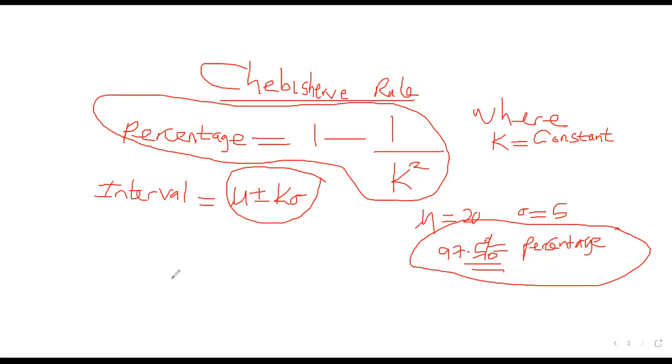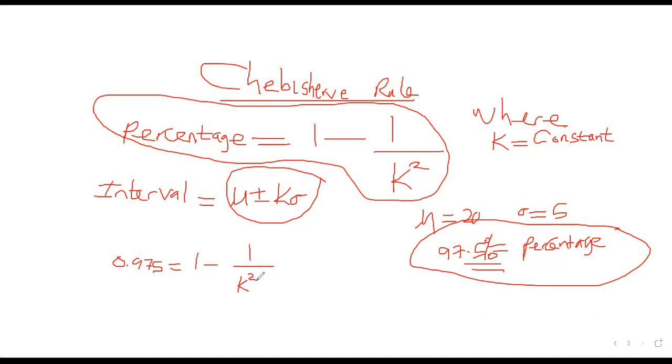So what is 97.5 divided by 100? It gives us 0.975. So 0.975, using that formula, is equal to 1 minus 1 over k squared.